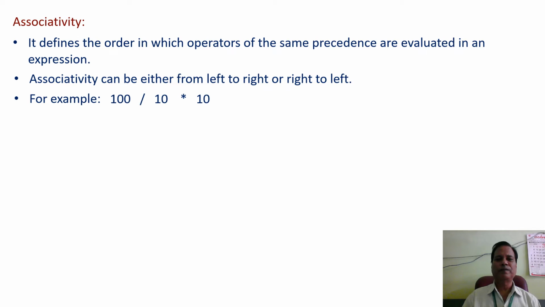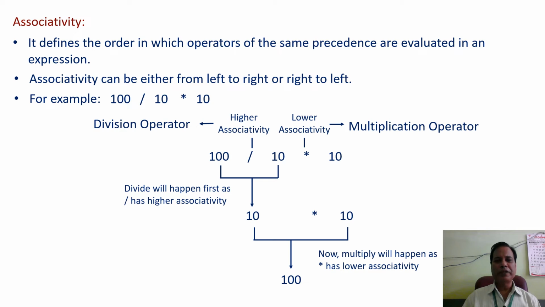For example, given the expression 100 / 10 into 10, in this expression slash, that is division, and asterisk, multiplication, these two operators have the same level of precedence, but associativity is from left to right as far as arithmetic operators are concerned.